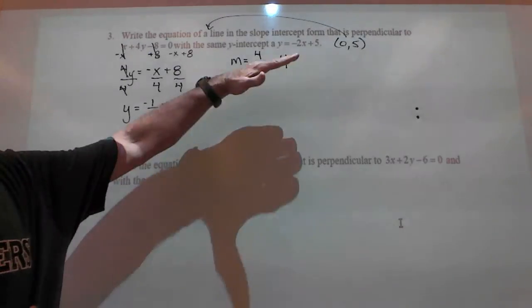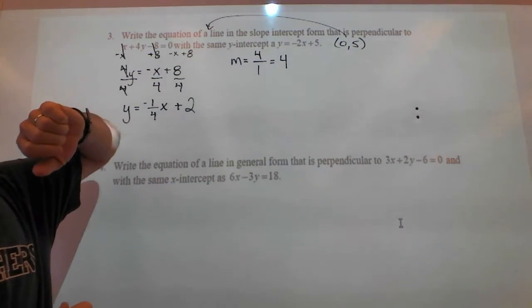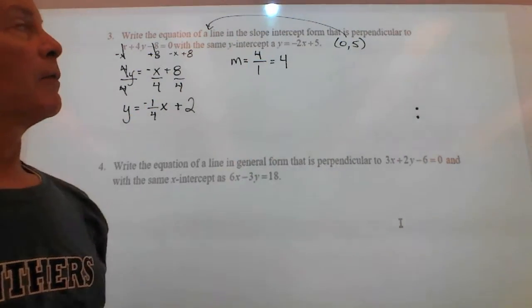So, we have the slope, we have a point. They've asked us to write it in slope-intercept form.